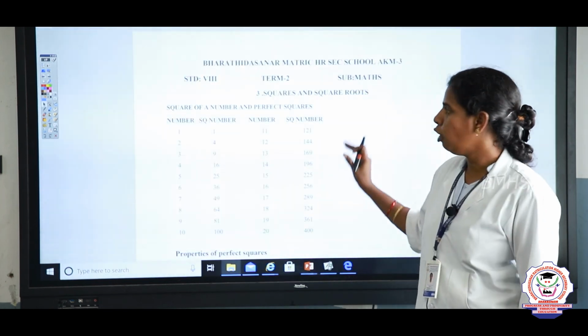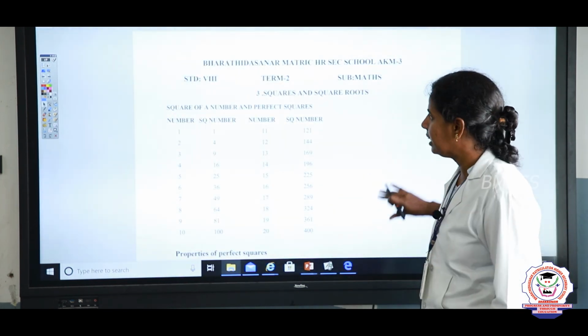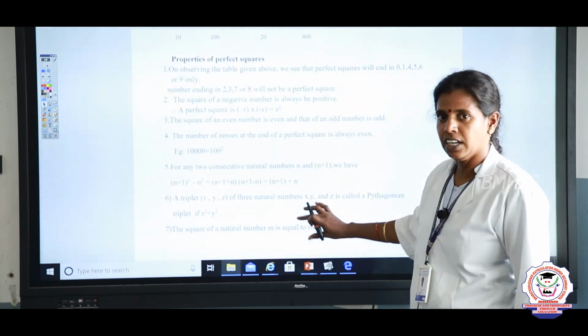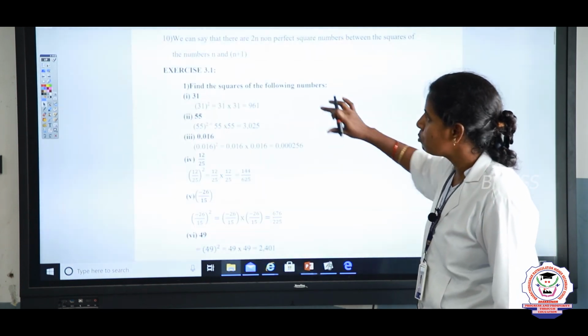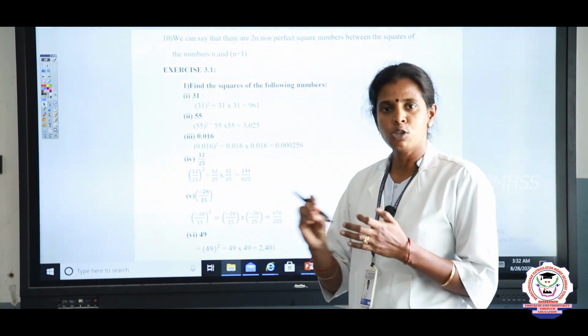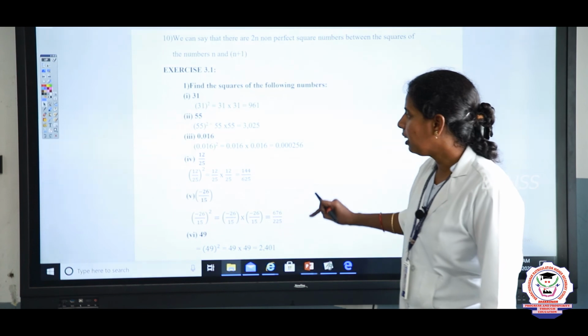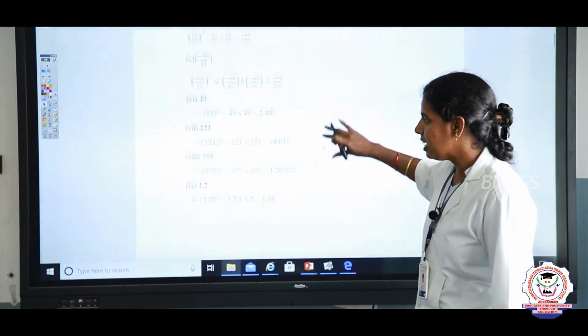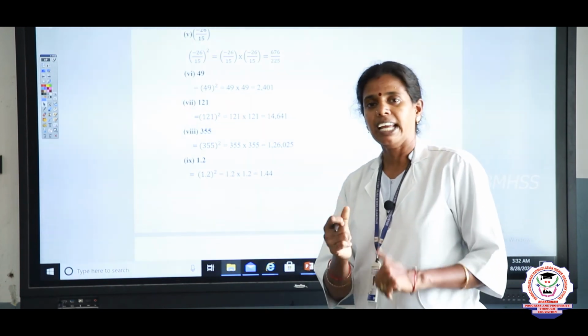See, the study material is also attached in the description box like this. The study material is nothing but all the properties given here, and the exercise problems also solved like this. After you use the question bank and solve the answers, you can go through this and check whether your answers are correct or wrong.